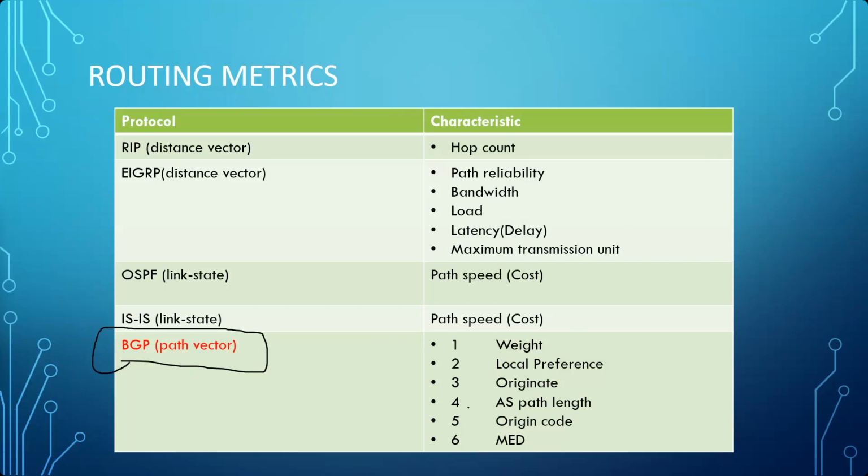Normally we use 6 of these 10, such as weight. That's really how much data you're sending. That's like load. Local preference, meaning you've actually set a preferred path where it's originating from. Autonomous system path length, origin code, and the MED. Wow, that's a lot.